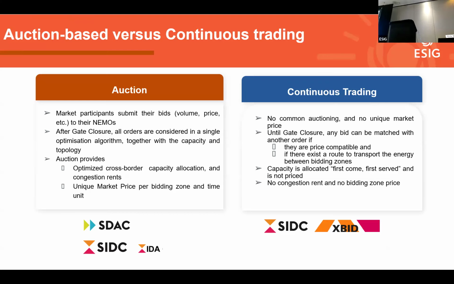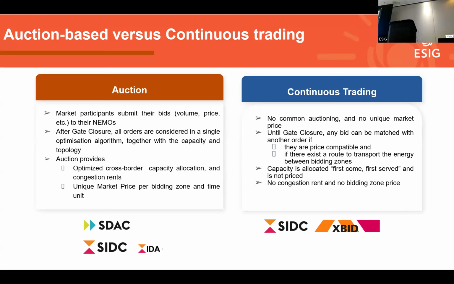After gate closure, we put all the bids together. What we do is we try to maximize the welfare, and we also take into account some network topological constraints. And what the auction is going to provide is the optimized cross-border flows between the countries, the price, and the volumes. There is one unique market price per bidding zone and per market time unit.